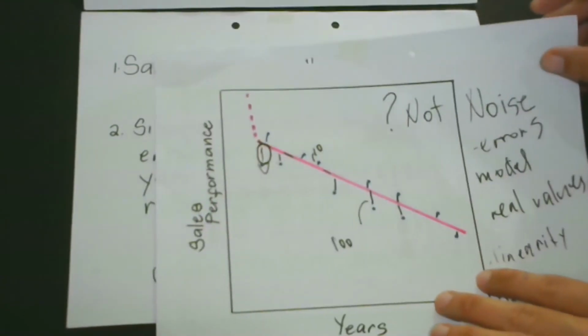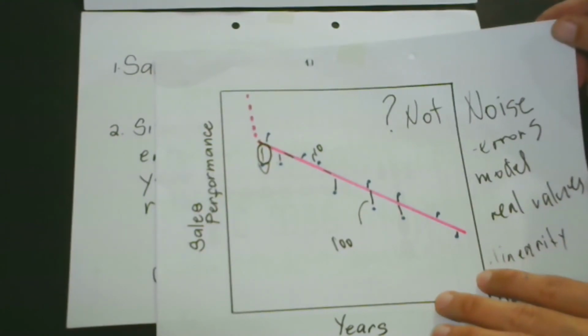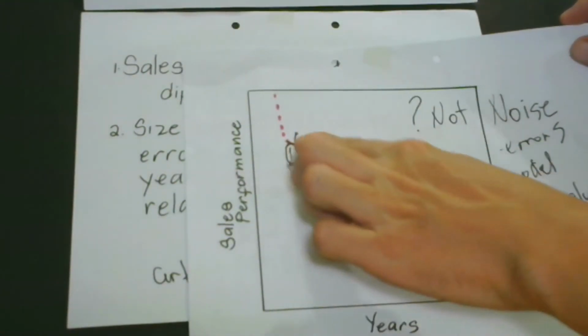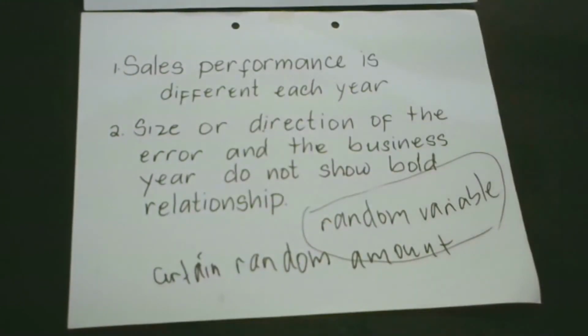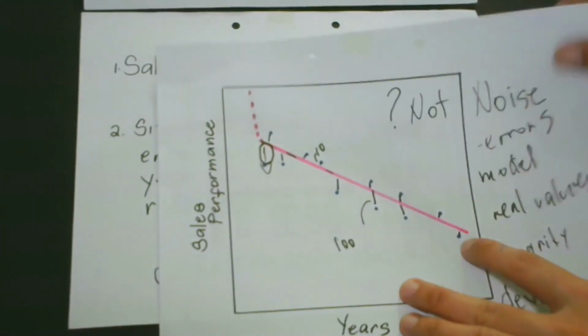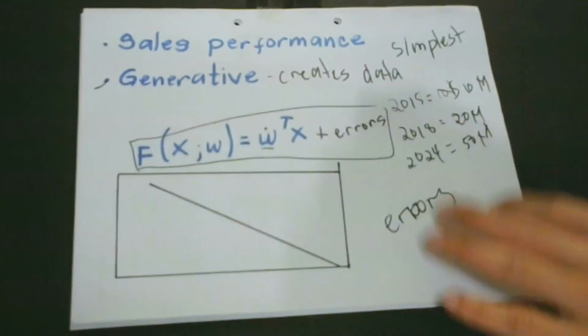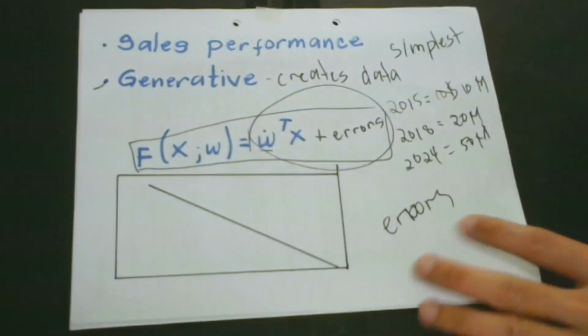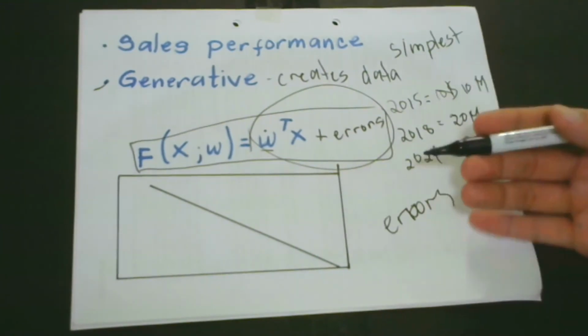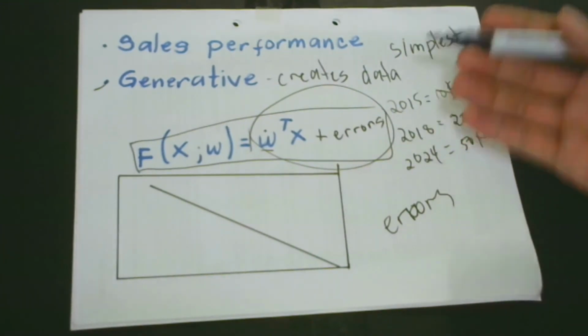Okay, the answer is no, because we're going to build something that has a random amount for a certain data point. That means for each data point, a corresponding value should be created or generated. This value must be added to W transpose X. Okay, W transpose X plus error, that is for each data point. Having this said, our model can generate its own data.